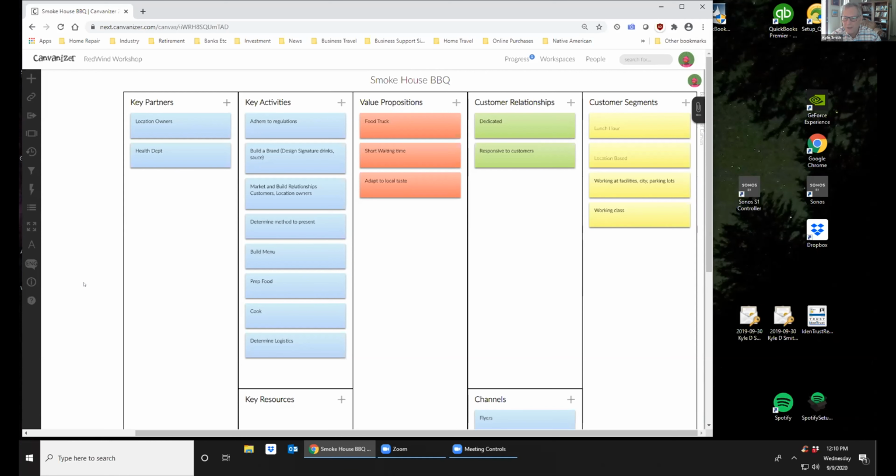Why would people choose us? Well, we're fast and efficient. We were at their service. The type of entity that we decided to go with was to be mobile and to set up at their location, their work sites.